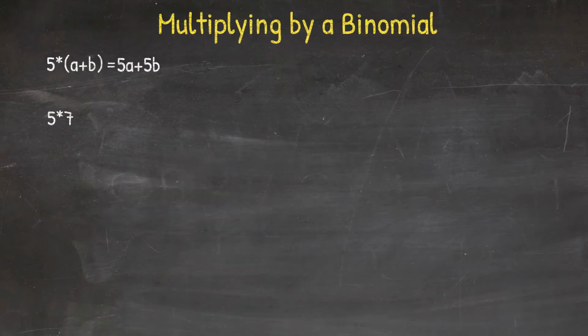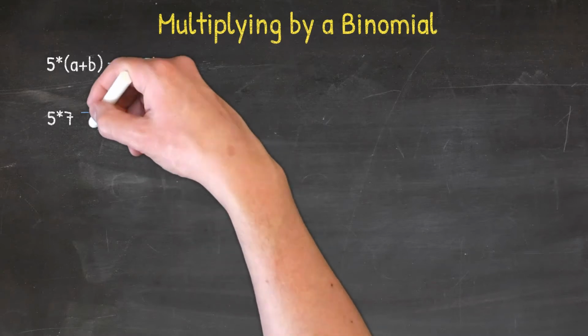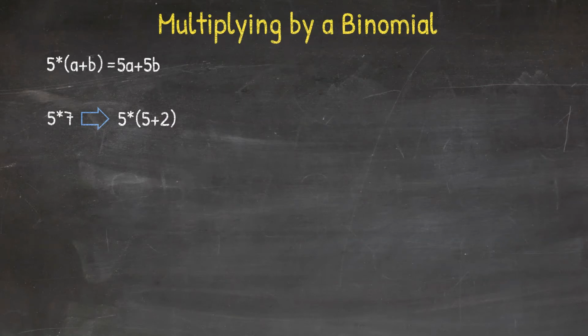Let's multiply 5 by 7. In this case, we don't have a binomial. We don't have that expression of addition or difference within round brackets, but we can create it. So let's make a 7 into a 5 plus 2 inside the round brackets. In this case, we will get 5 times, and inside the brackets 5 plus 2.